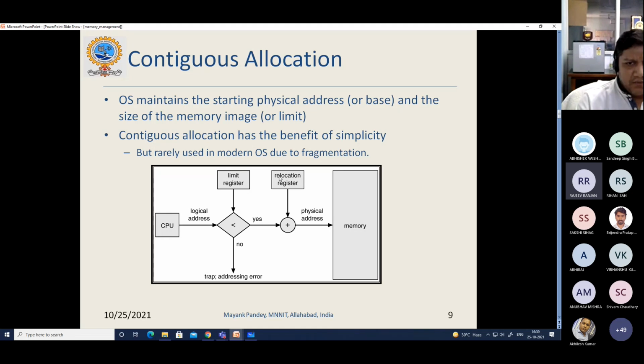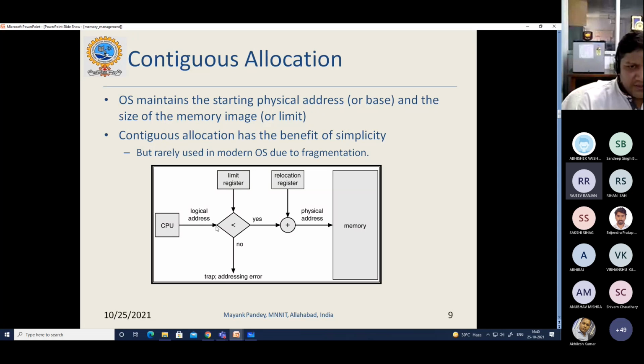There has to be a relocation register, fine, which is going to give you the base. There is a limit register, fine, and then you can get the memory. Contiguous allocation has the benefit of simplicity, but is rarely used in modern OS due to fragmentation.